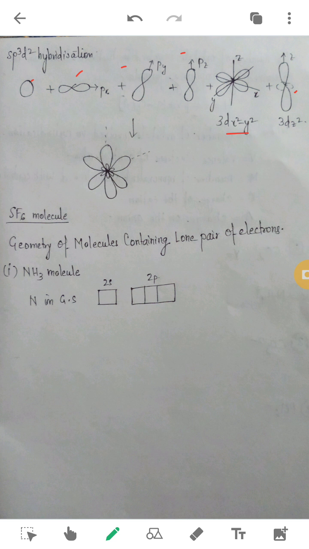Can you see the diagram is so easy? Okay, x, y, z axis I have drawn, and along the x-axis, the lobe is along the x-axis and the lobe here is along the y-axis. That's it. Okay, all of these 6 will be mixing with each other to form in this way. The orientation will be in this way.